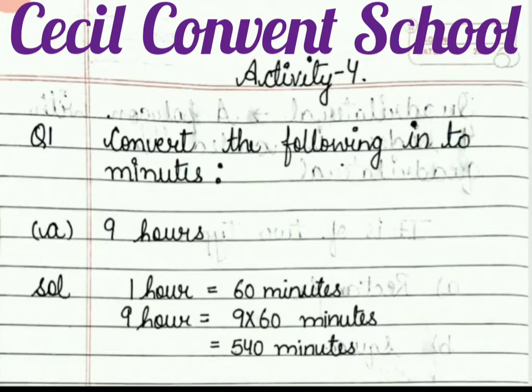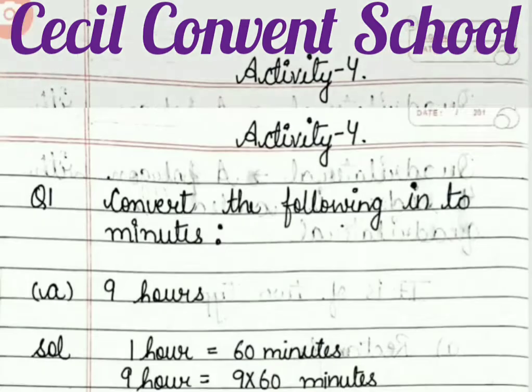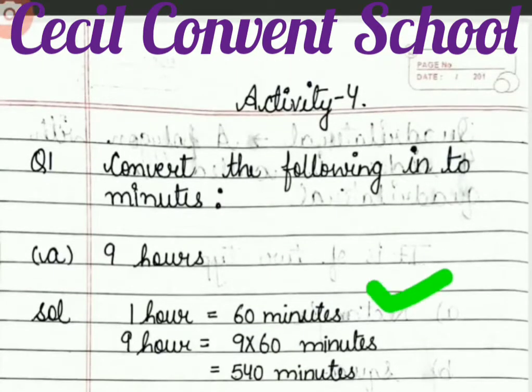As I already told you, 1 hour is equals to 60 minutes. So 9 hours equals to dash minutes. How do you find it? When you go from 1 to many, you always multiply. And now you know 1 hour is equals to 60 minutes. So for that, you have to multiply 9 by 60 minutes.